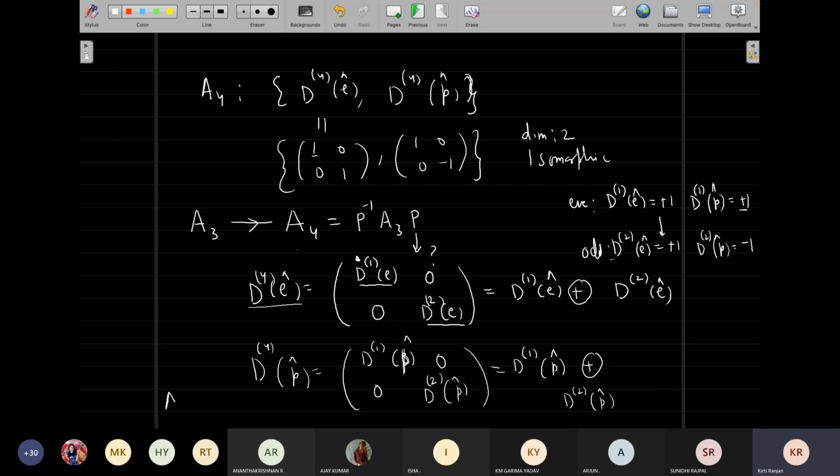In fact, I can write my A4 as nothing but A1 and A2. So it is almost as if A1 and A2 were some fundamental representations, and any representation which I build, let's say A3, if I diagonalize that representation using my similarity transformation, I can break it down to some representations which are simpler.